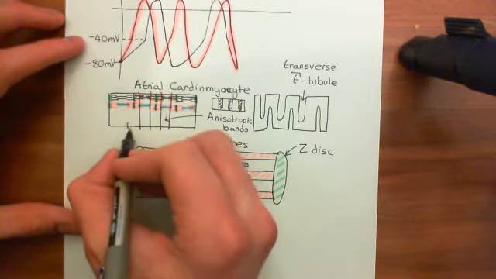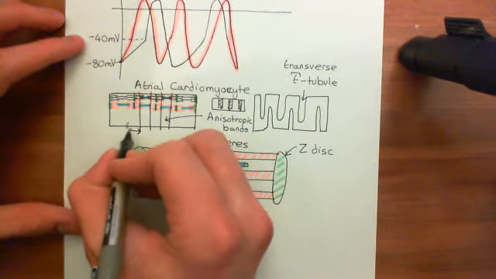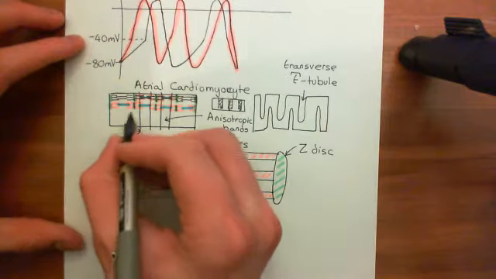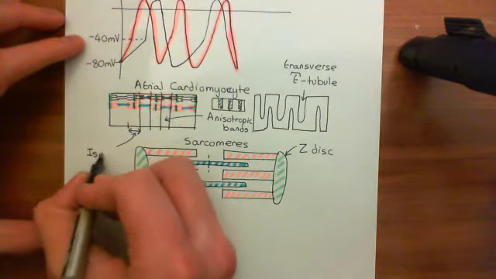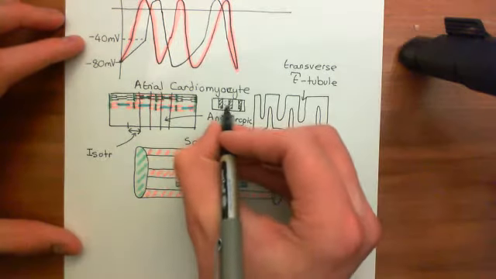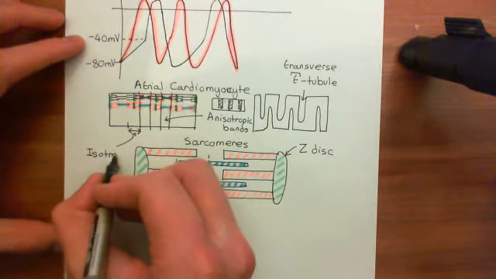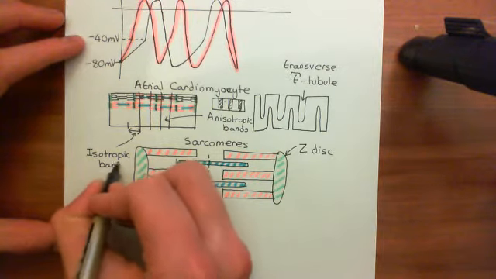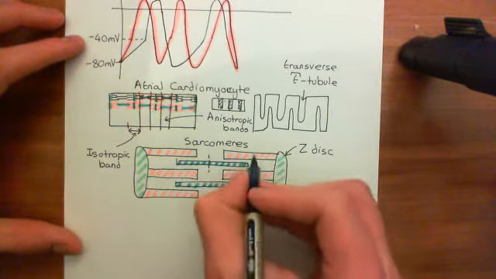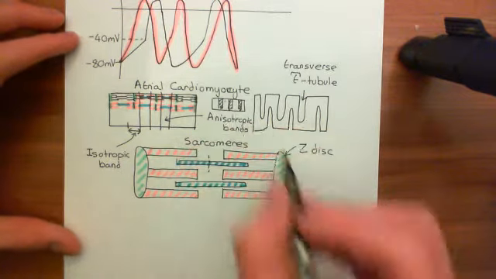And then the lighter portions, so this portion here, where you don't have the myosin filaments, these are known as the isotropic bands. So you have anisotropic band, isotropic band, anisotropic band, and they alternate like so.